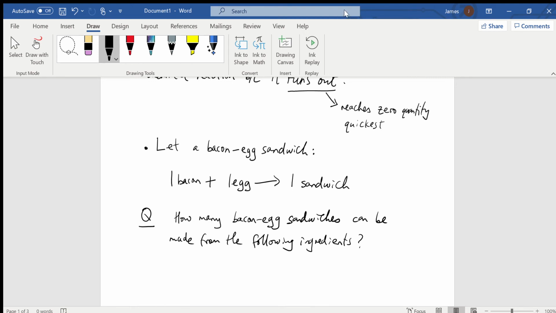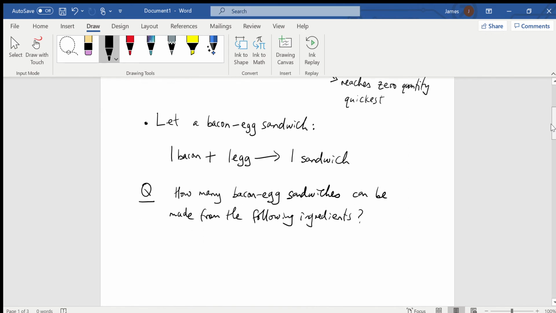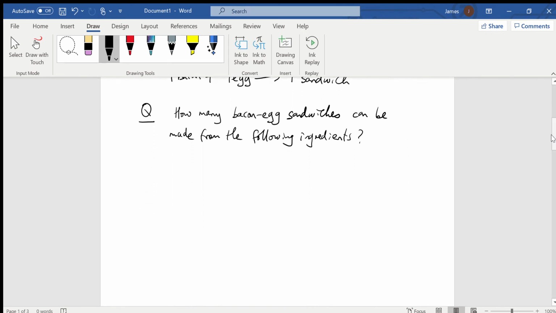I'm going to add some ingredients. Let's change the color of the pen just to keep it interesting.